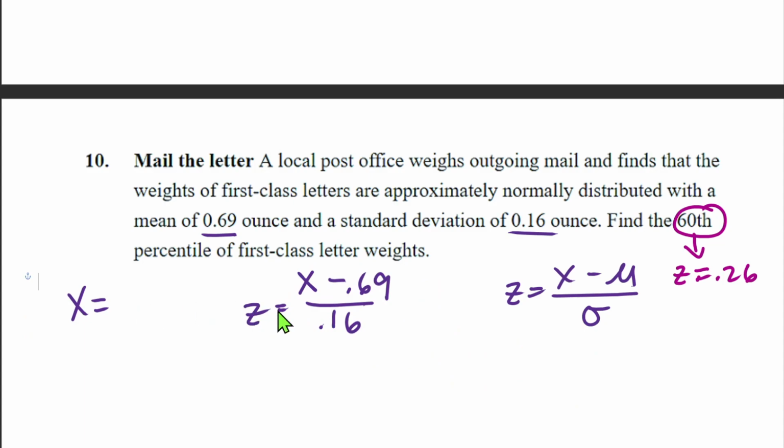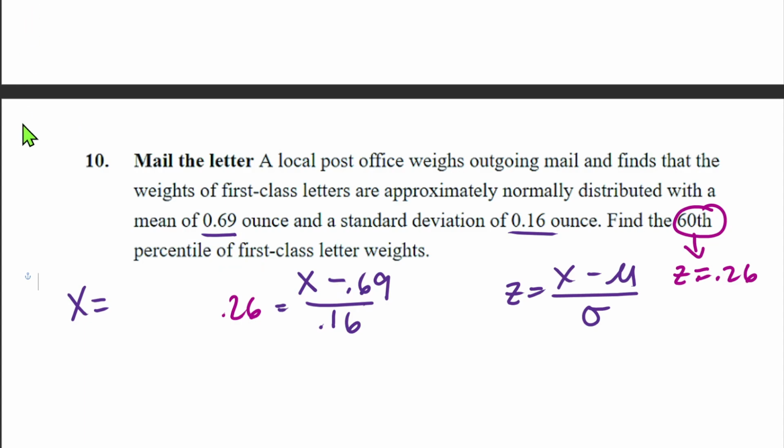Easy money now. Actually, now what we can just do is we can just take this thing right here and we can say, look, we know the z-value. The z-value is 0.26. And now, the 60th percentile is a z-score of 0.26. It's slightly above the mean, right? Not a whole standard deviation above, just a little bit above the mean. And so you're going to solve for x, and hey, you should get an x value that's like 0.7 something. 0.7, slightly higher than this.